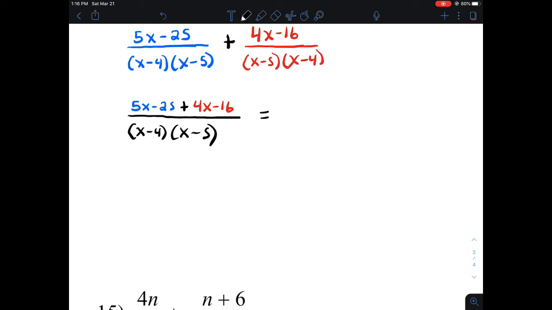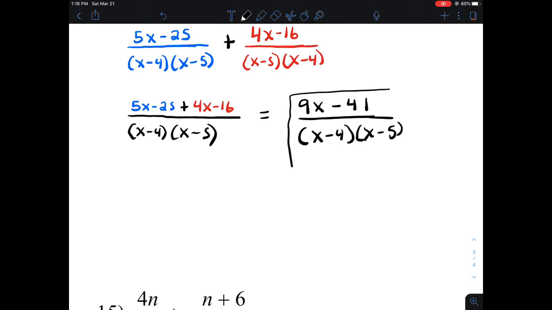So I do this, I end up with 9x, and then negative 25 minus 16 is negative 41 over x minus 4 times x minus 5. And there's no GCF in my numerator, so here is my final answer.